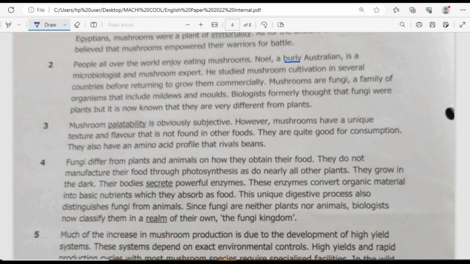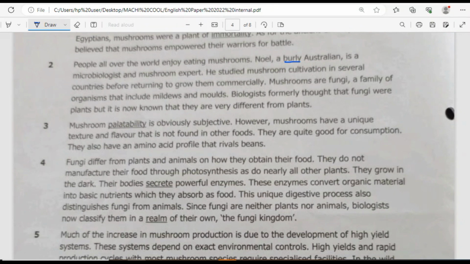They do not manufacture their food through photosynthesis as do nearly all other plants. They grow in the dark. Their body secretes powerful enzymes. These enzymes convert organic material into basic nutrients which they absorb as food. This unique digestive process also distinguishes fungi from animals.